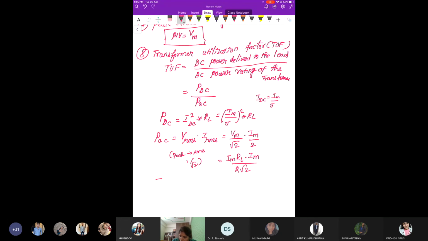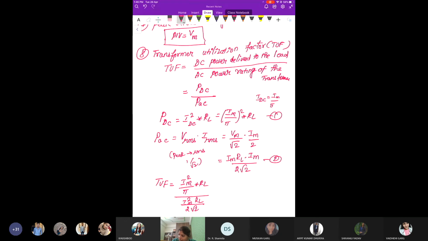Now substitute in the TUF. This is my equation number 1, and this is my equation number 2. So I will get I square m by pi into RL divided by I square m RL by 2 into root 2.